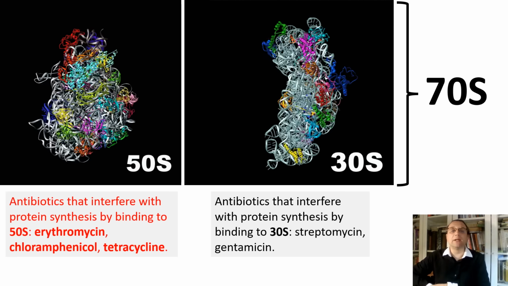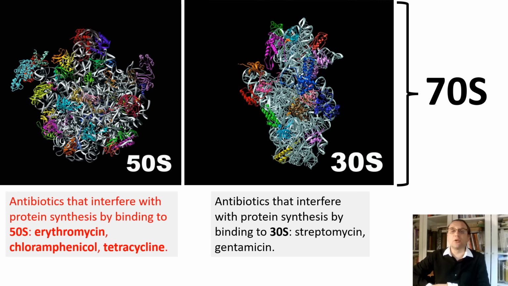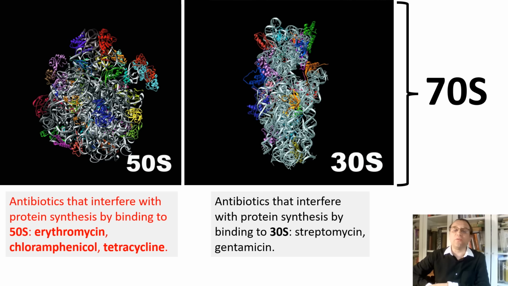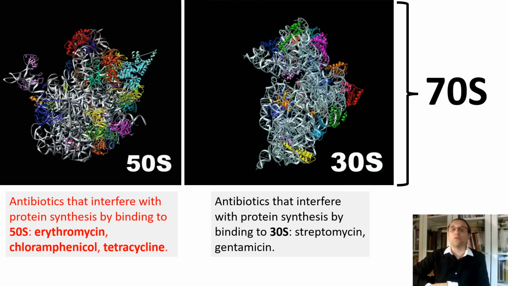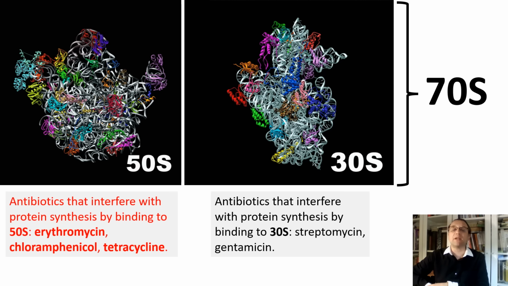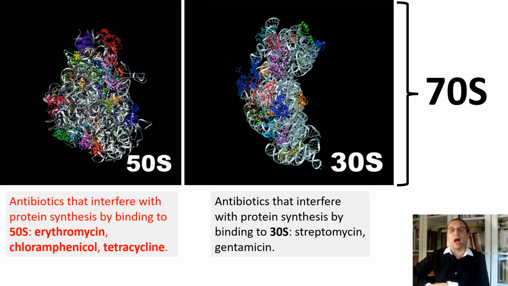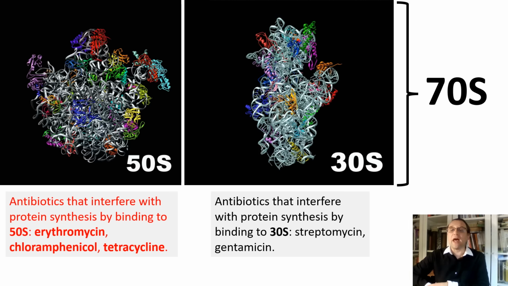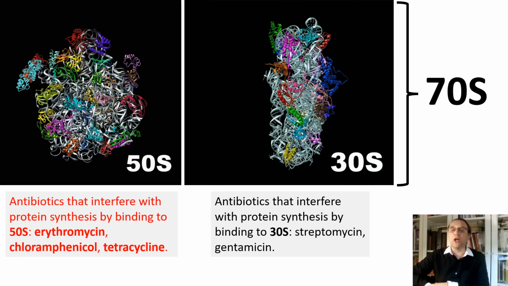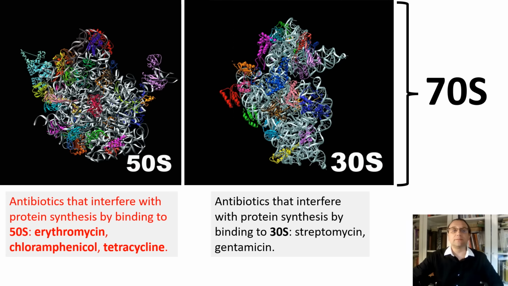For example, erythromycin, chloramphenicol, and tetracycline can bind only to the 50S subunit, not the 40S or 60S subunits with which our human ribosomes are made, but 50S, a large subunit of bacteria. Thus, these antibiotics are harmless to our cells while deadly to bacterial cells.